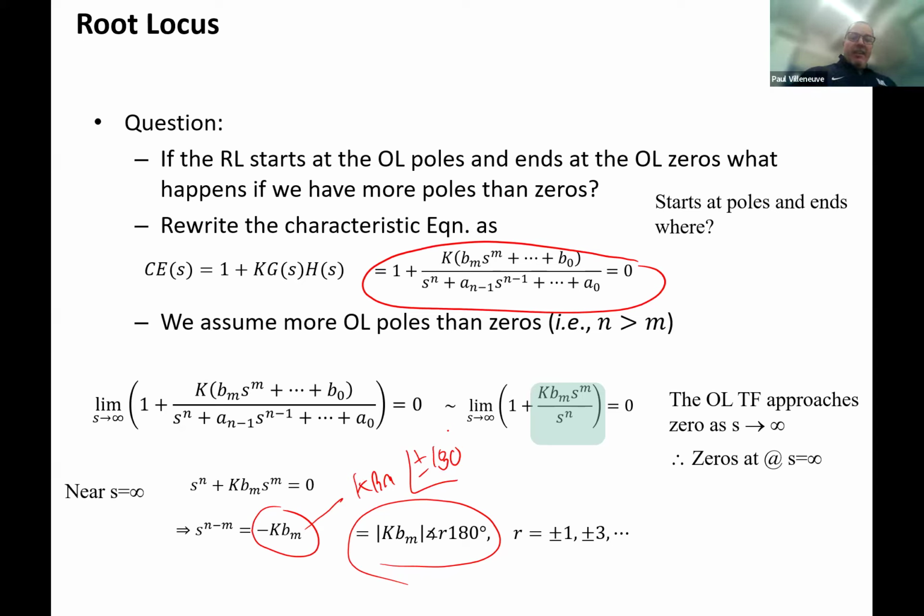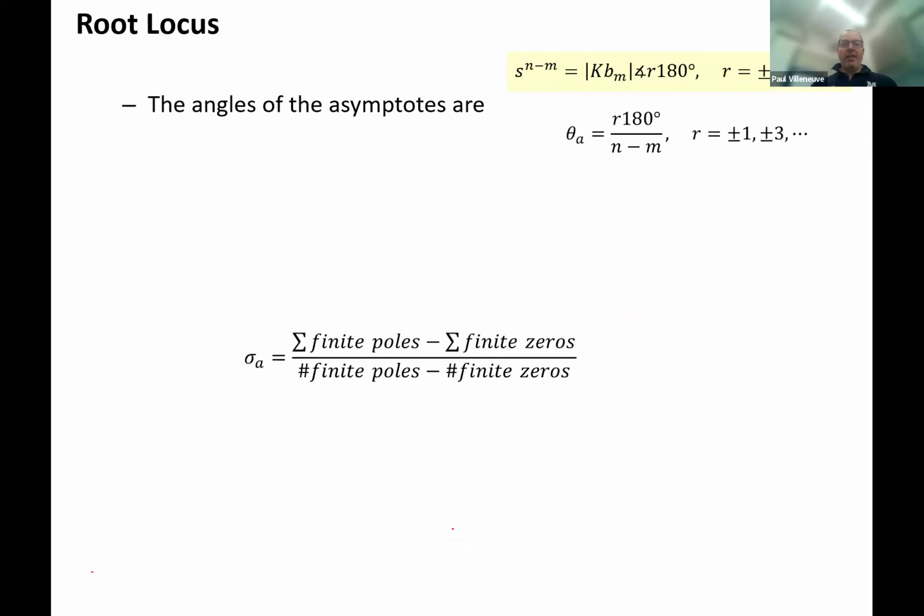It can also be multiples of 180 degrees, because 180 is the same thing as 540 and on and on. So what we need to figure out is how we approach those poles or zeros at s equals infinity. If they're on the real axis, it's pretty easy. It's plus or minus 180 degrees. But in many cases, they will not be.